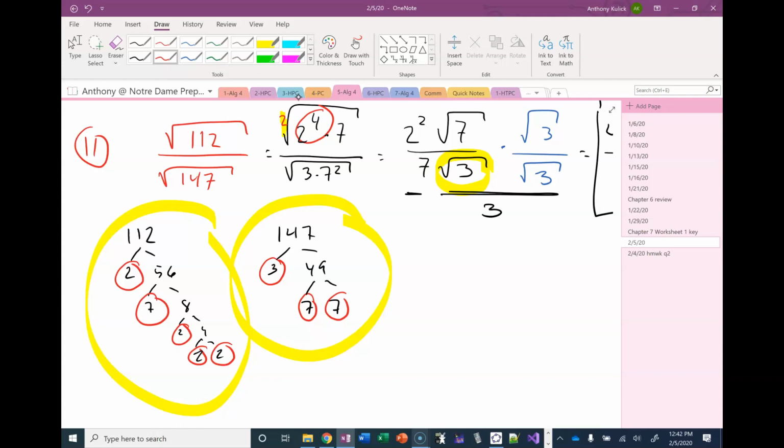I can trade in all 4 of those 2's underneath the radical to get 2 2's outside of the radical, because that's how the exchange rate is. It's 2 to 1. Okay, so that's the way I'm thinking about it. Oops, lost that 7.